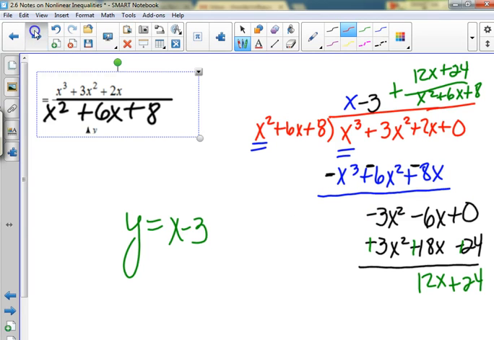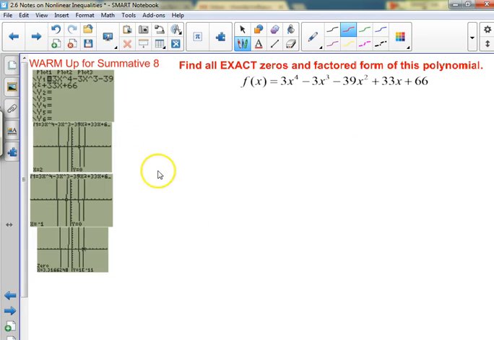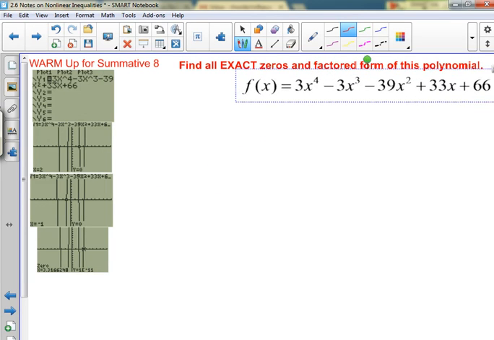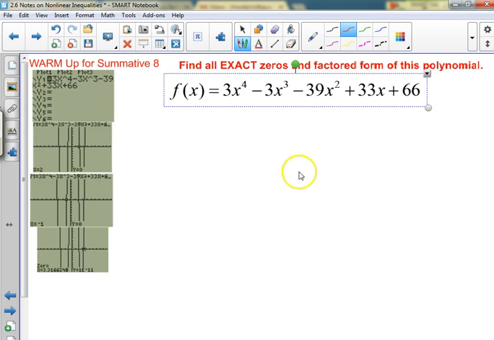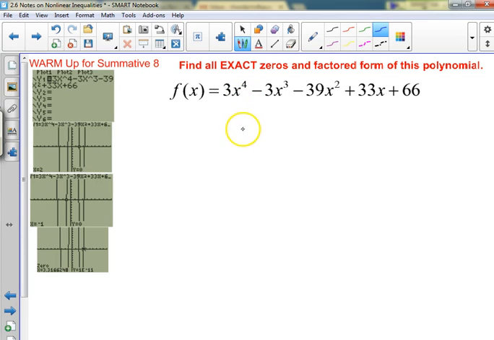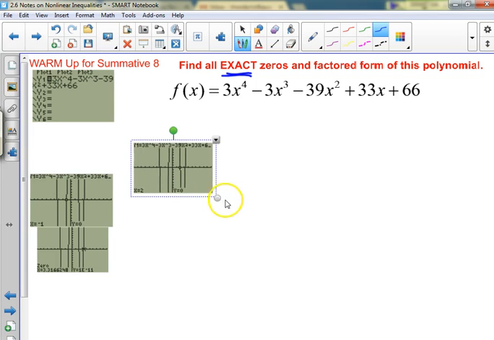All right. My other warm-up for today is this question. I promised you one. You can write this down or you can take a picture when we're done here, but I promised you one like would be on the test. This says find all exact zeros. I will tell you the first thing I did was I graphed it on the calculator, and this is the picture that I got.